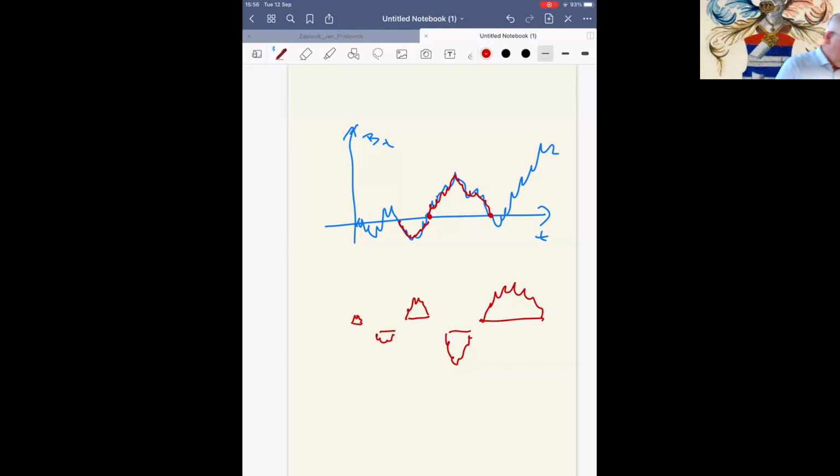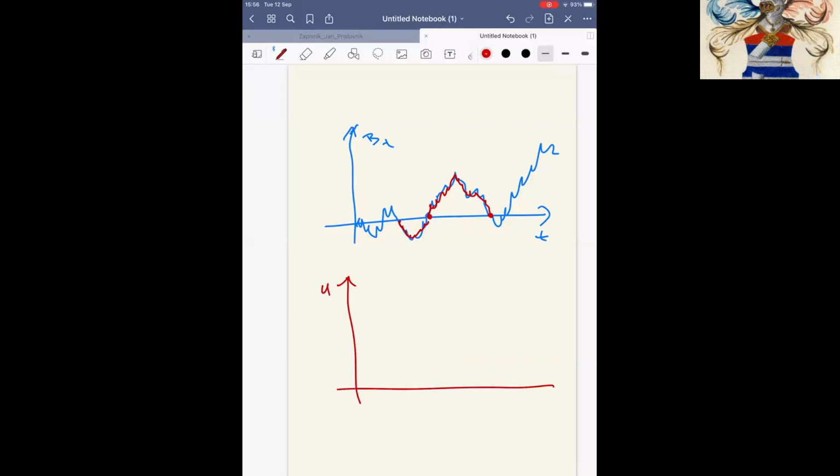So in the end, the Poisson process will look like this. You will have an abstract space that now will be called U. It's a function space. Here you will measure the local time. And every now and then you will have an excursion that has that local time.